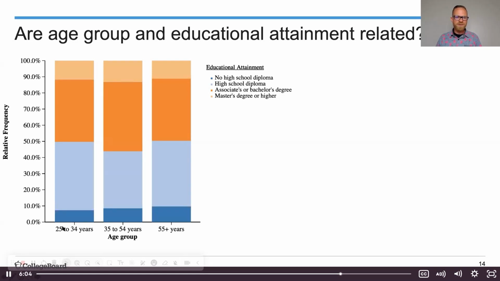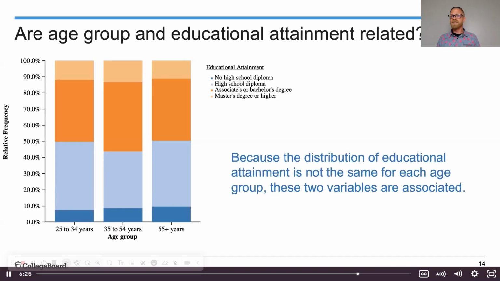For example, if I knew that somebody was 25 to 34 years old, according to this graph, I would see that they are much less likely to have no high school diploma and probably more likely to have a high school diploma here, which means that knowing a person's age group does help us to predict their educational attainment level. So what that's telling us is that because the distribution of education attainment is not the same for each age group, we now know that these two variables are associated.